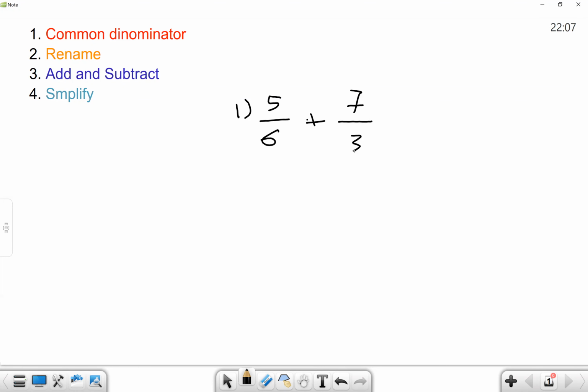First, we are going to find the LCM of each denominator. Let's start with 6. What's the least common multiple for 6? You can say 1 times 6, 6, 2 times 6, 12, 3 times 6 is 18.